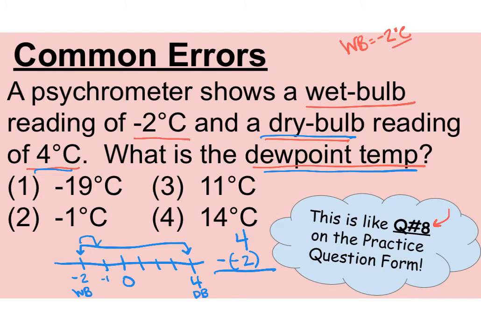From here to here is 1, 2, 3, 4, 5, 6, right? So I know that the difference is 6. And remember that when you subtract a negative, that turns into a positive. So you're actually taking 4 plus 2, which is 6. So hopefully that should help you out with this question.